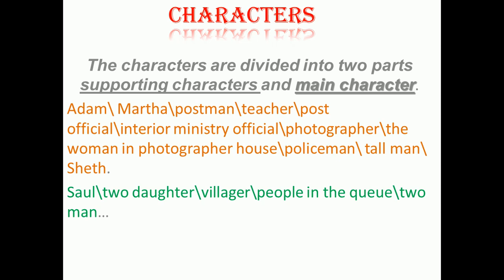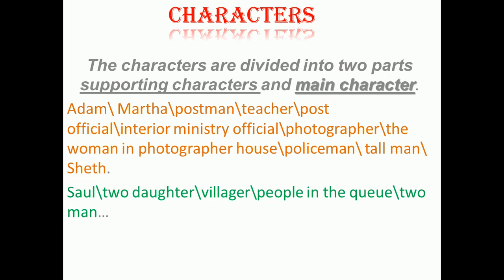The post office official is the man who works in the post office. The interior ministry official is the man who says to Adam, you have to take a photograph and bring it to me to make an identity card for you.